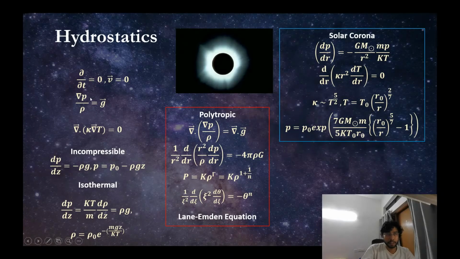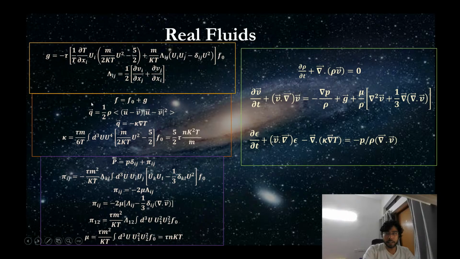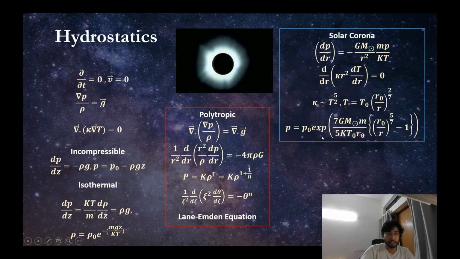And therefore, this is the equation for hydrostatic balance in any object. But people mostly use this for stars. Similarly, if you look at the other, energy conservation equation, if you apply the condition that del T is 0 and V is 0, you will just arrive at this condition that del dot kappa del T is 0.